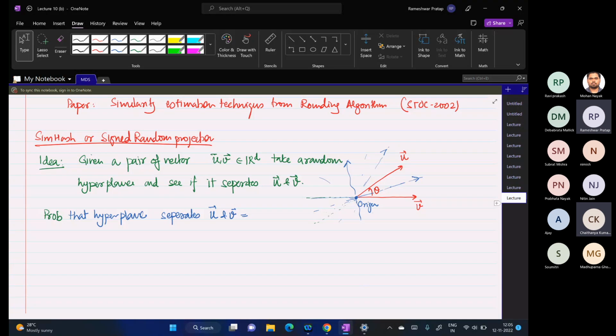So theta by 180, theta by pi. Theta by pi.